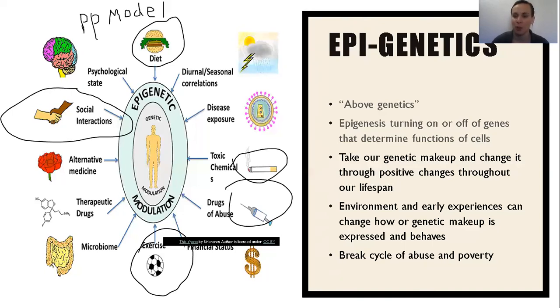So what we're really hoping is that we can break the cycle of abuse and poverty and things like that by having a really quality environment and early experiences in order to change our genetic makeup. For example, I have really poor math skills. When I was young, I had incredible math anxiety.